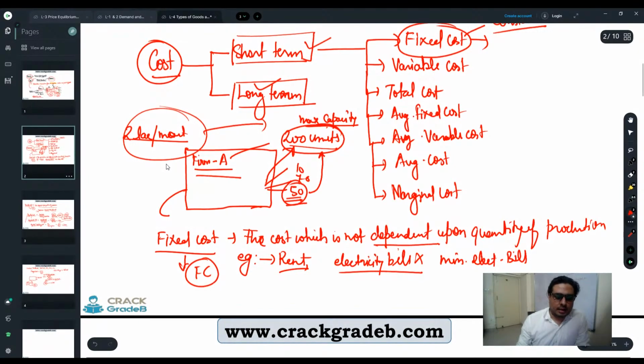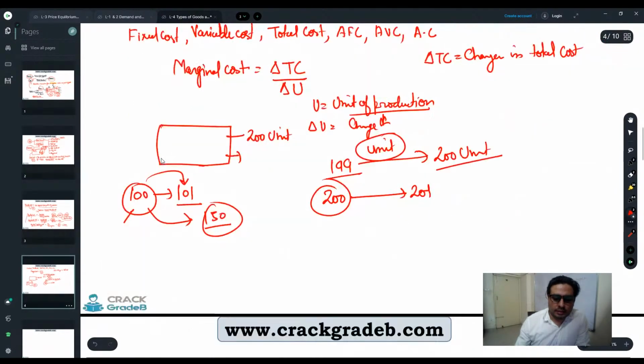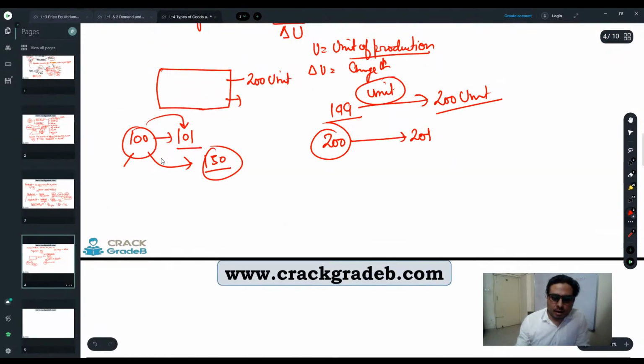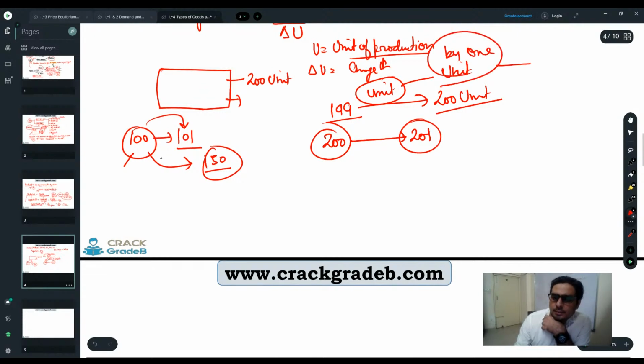Maximum capacity, I told you, of this firm is 200 units, right? Now they want to increase the production by 1 unit. We have increased the production here also by 1 unit, from 199 to 200, and some cost x is there which is increased.